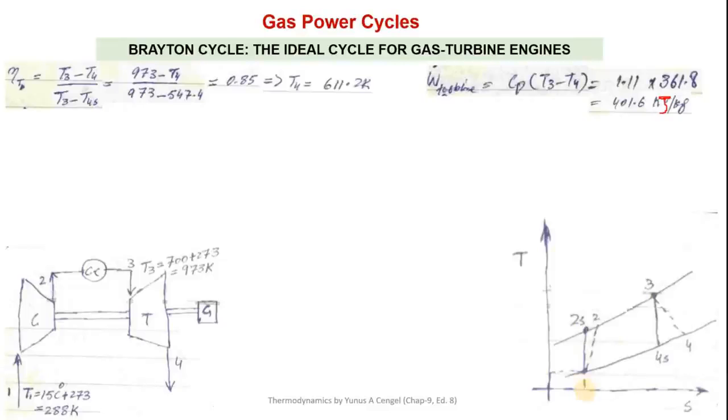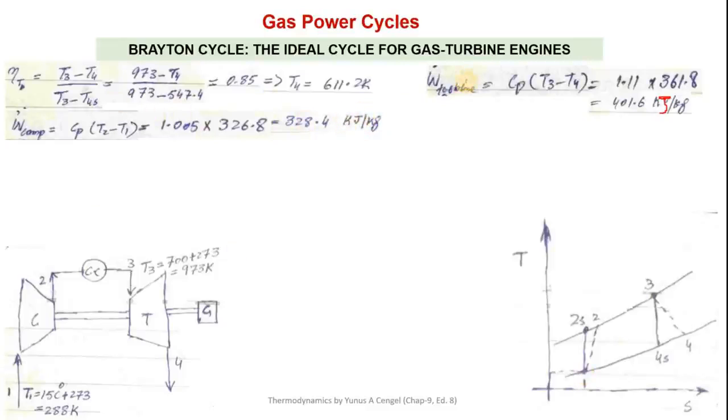Similarly, we can find out work of compressor, with the same formula. Work of compressor is H2 minus H1, equal to Cp into T2 minus T1. By putting values, here is the work of compressor in kilojoules per kilogram.